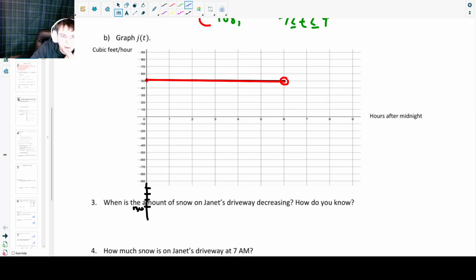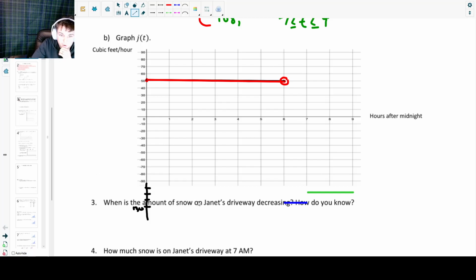Okay, and so I'm going to approximate that here between 6 and 7. That would be right here in the middle of this section. Meant for that to be a line, so good job, me. And we'll make that blue to represent this. So between 6 and 7, right there. And then finally, between 7 and 9, it was removing snow at 108. So that's just short of 110. So again, I'm estimating this right here, right there. Cool.